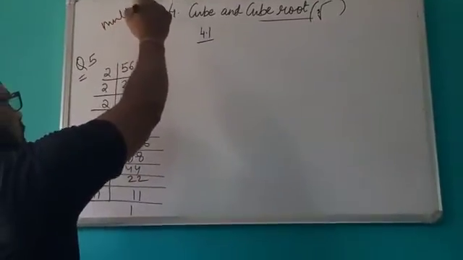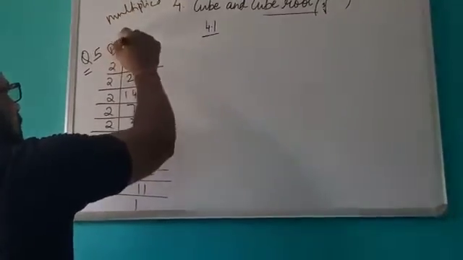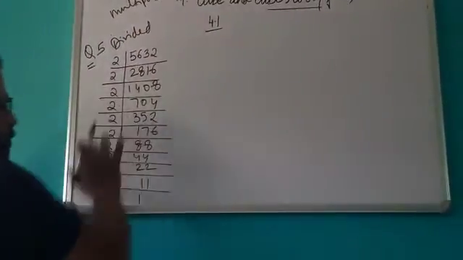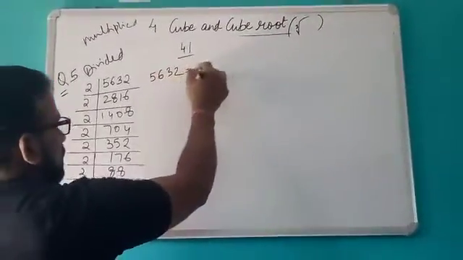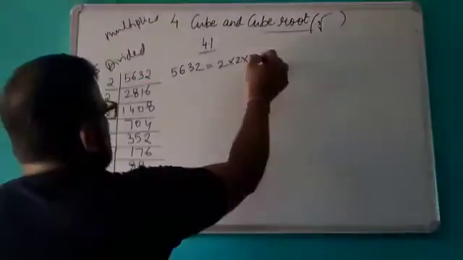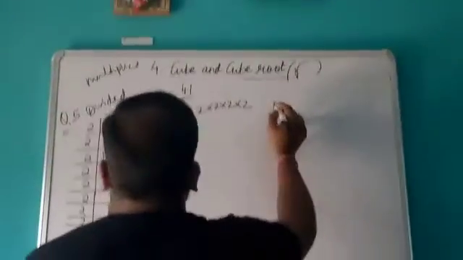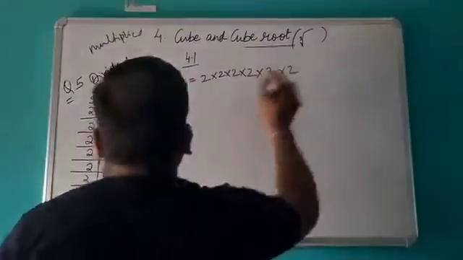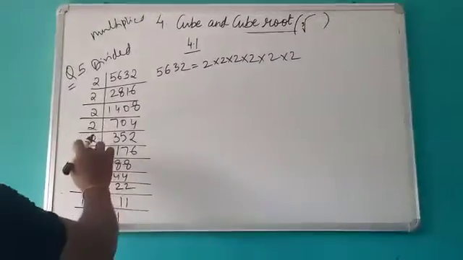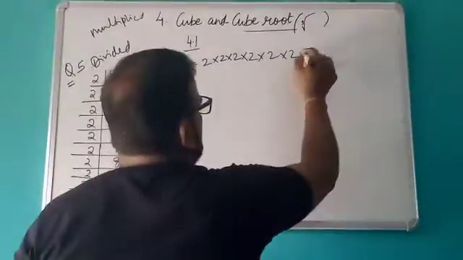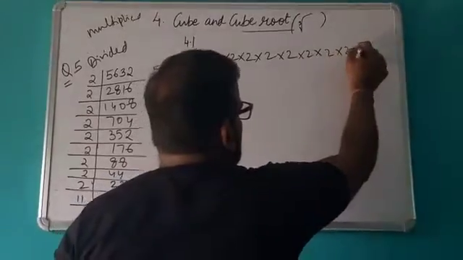Now in the previous question we had to see what number should be multiplied. In this one we have to see what number should be divided. You will adopt the same procedure. First you will do the prime factorization, and then write the prime factors like this.